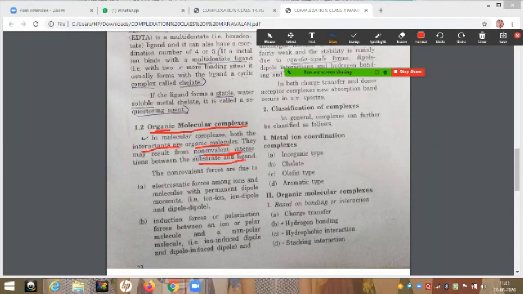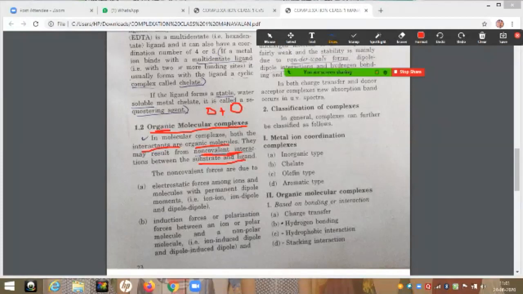There we had M and L; here both are organic molecules. Two or more organic molecules interact together through non-covalent bonding, and such complexes we call organic molecular complexes.